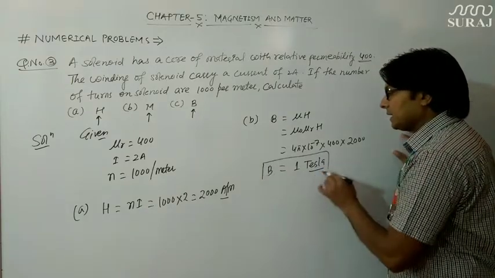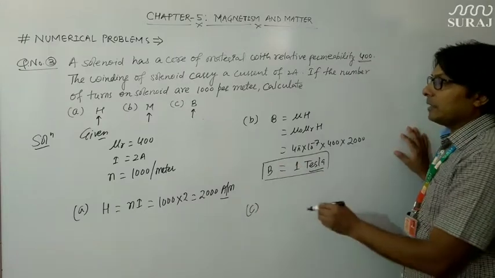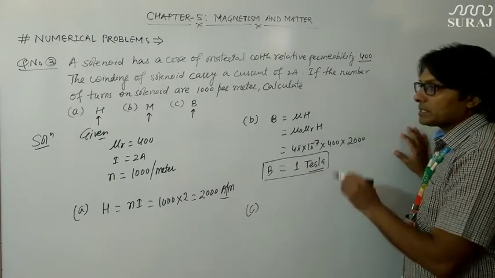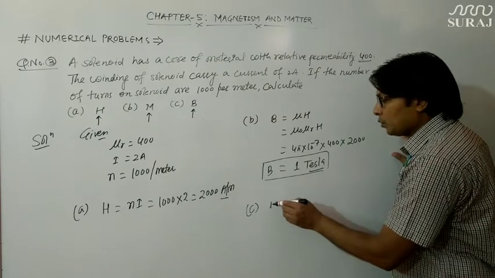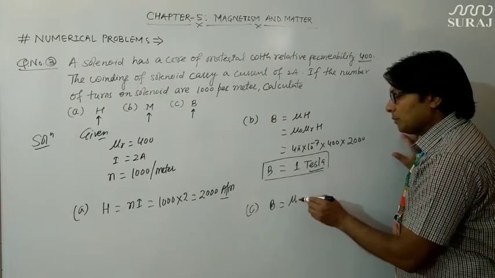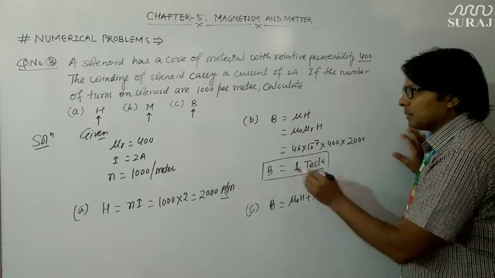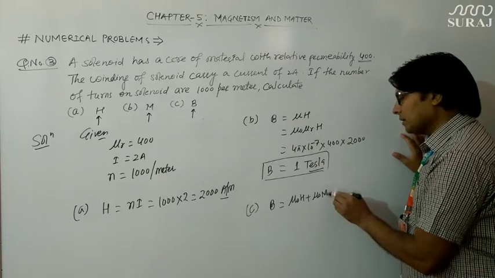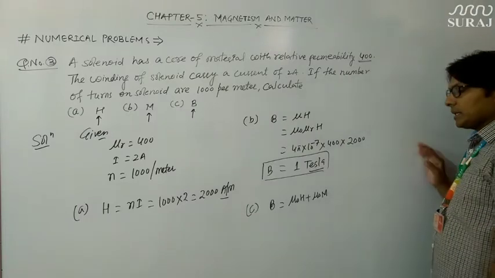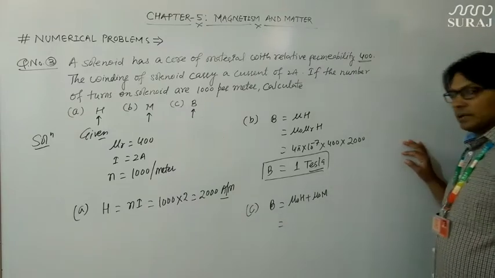So this is how we calculate the value of B. This is the second answer, and the third answer we have to find out is the value of magnetization or intensity of magnetization. We know that the net magnetic field B is equal to mu 0 H plus mu 0 I, or simply M, which we have denoted here as M, intensity of magnetization. We also used this formula during the derivation.